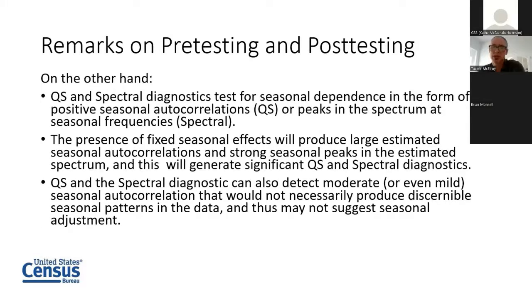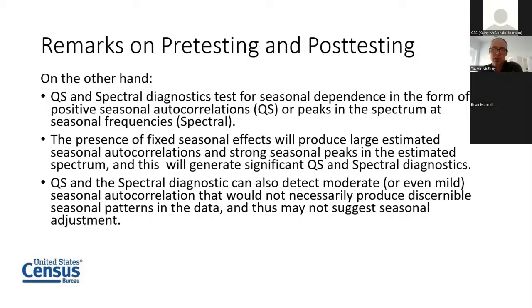QS and spectral diagnostics are looking at seasonal dependence in the form of autocorrelation or through the spectrum. If there are fixed seasonal effects, they will tend to flag that, and you'll get large correlations and peaks, but they are also useful for detecting very mild or moderate degrees of seasonality.